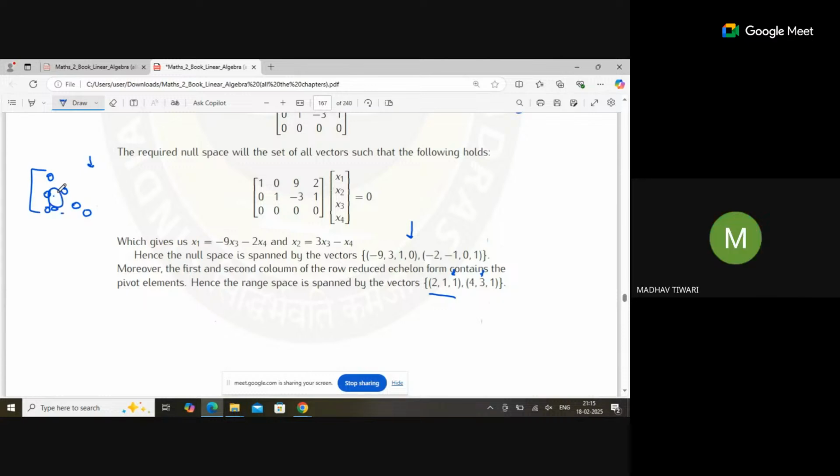What is the theory of scalar matrix? All the matrices of order n cross n are square. Then there comes a subpart: all the square matrices which have the elements other than the diagonal elements as zero. We are not telling about what the diagonal is.